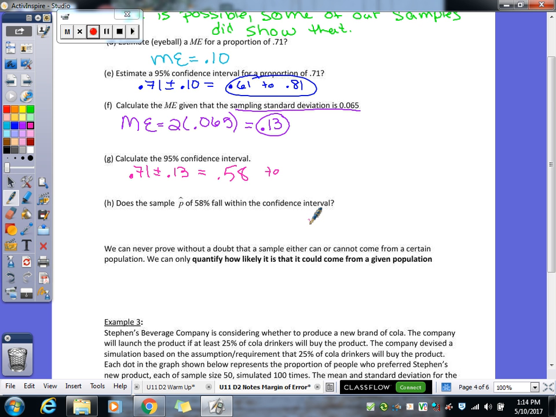And then 0.71 plus 0.13 is 0.84. So therefore, our p-hat of 58%, does that fall within our confidence interval? Yeah, it ended up falling within there. So that's saying it is possible that our 58% was an accurate number that we could actually end up using. It's within our confidence interval. Since we don't know exactly what it is, we use our confidence interval to figure out our estimation.